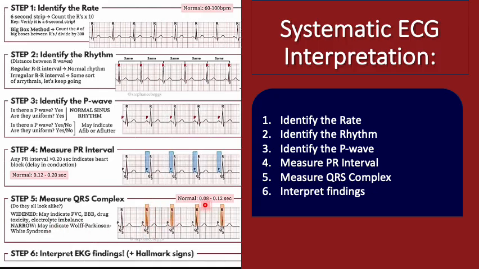Normal is 0.08 to 0.12 seconds. If it's widened, you usually think about PVCs, any type of bundle branch block, sometimes drug toxicity, as well as some electrolyte imbalances. If it's narrow, you always think about Wolff-Parkinson-White syndrome.